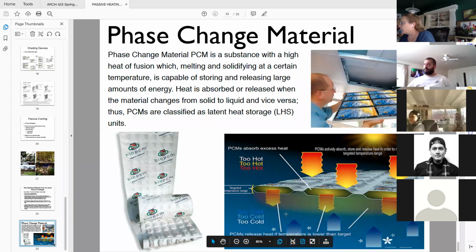Likewise in cooling, if it's colder inside, the heat will migrate from the material into your space if the temperature down here is less than the design temperature, which for example could be 72.